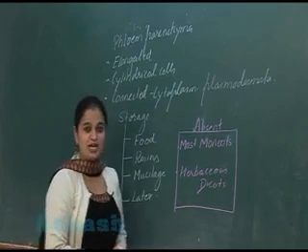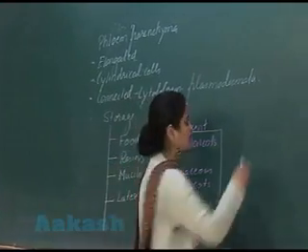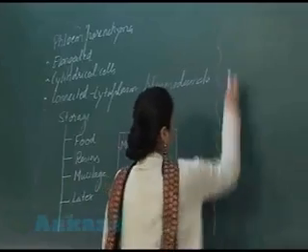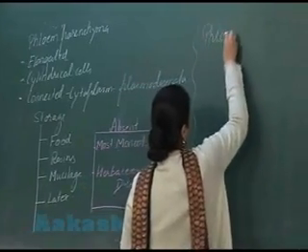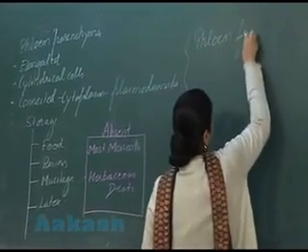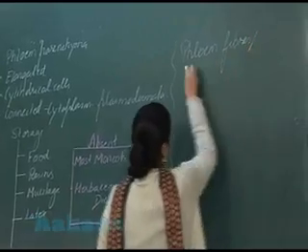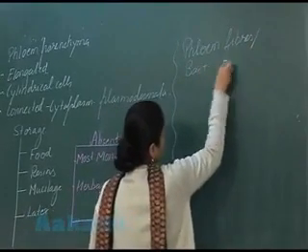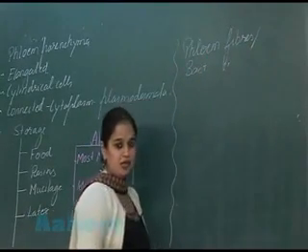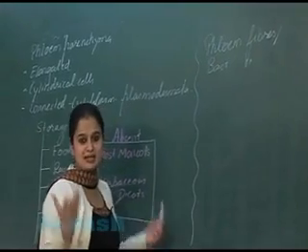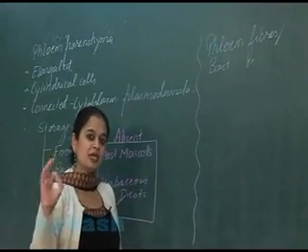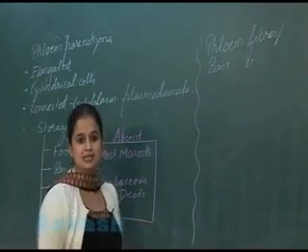Now the phloem fibers, which are also known as bast fibers. Phloem fibers are going to be known as bast fibers. They are sclerenchymatous fibers, thick wall made up of lignin.